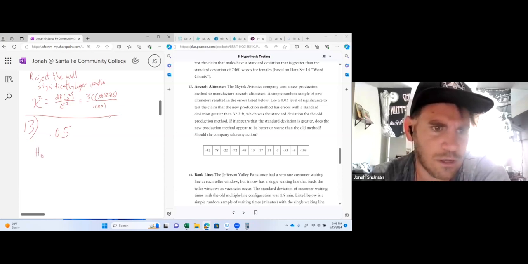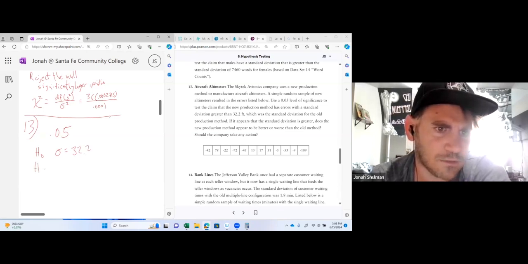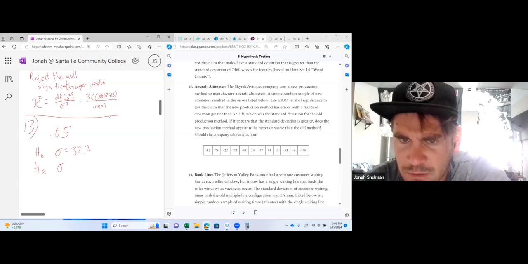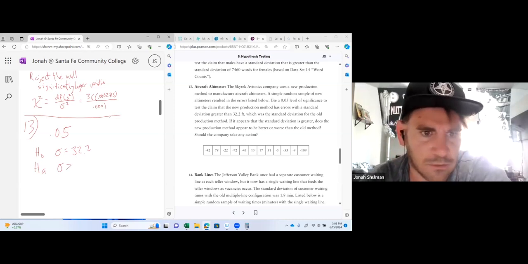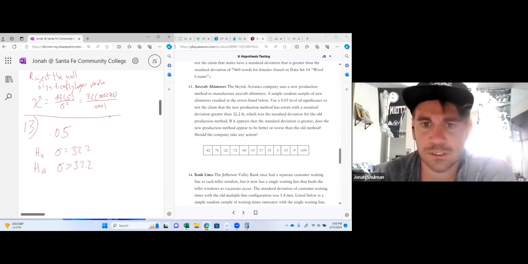So our null hypothesis is that our standard deviation is equal to 32.2. Our alternative hypothesis is that this is going to be what? We're going to test if it's better. And what does that mean? I'll let you do the critical thinking yourself, but this is what we have.